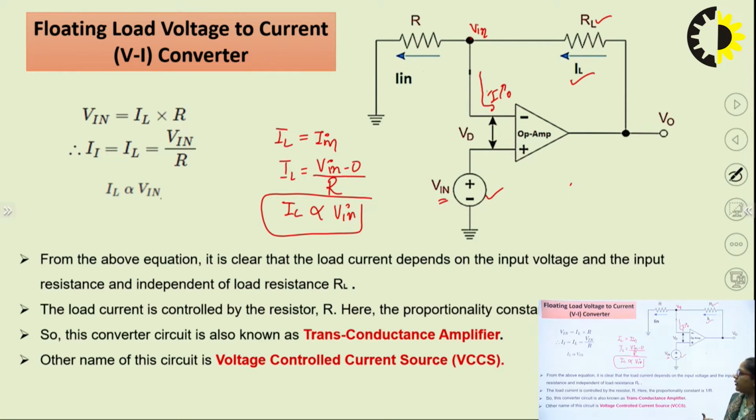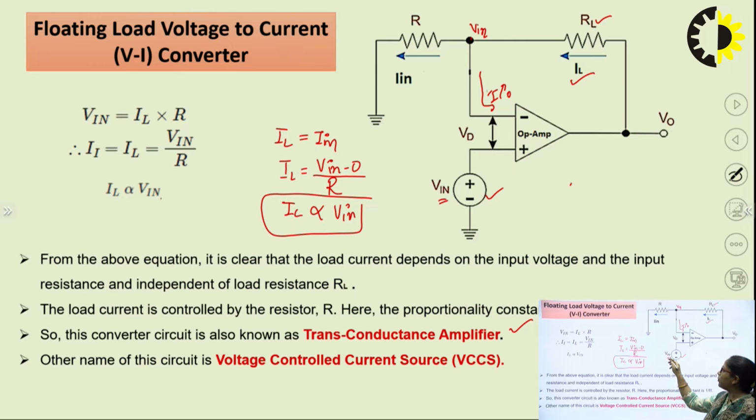Floating load V2I converter is also known as a transconductance amplifier. Transconductance amplifier, because here we are applying voltage at the input and we are obtaining current at the output. So, output current upon input voltage is a transconductance amplifier, and we can also call this circuit a voltage controlled current source.